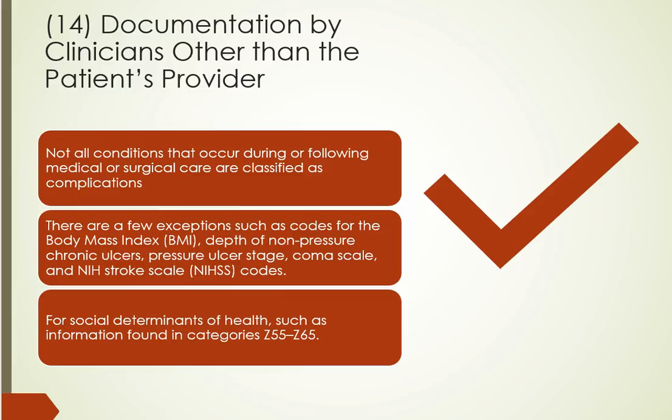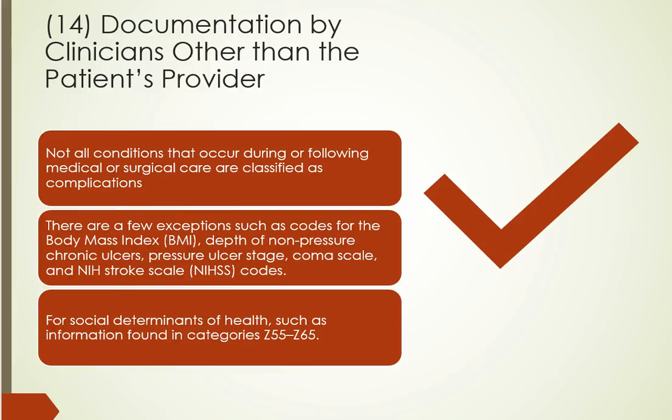So first, code assignment is based on the documentation by the patient's provider. That is either the physician or the qualified healthcare professional that is legally responsible. This is the person that has the license, that's accountable for establishing the patient's diagnosis.